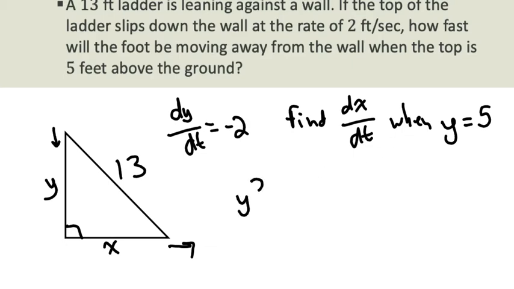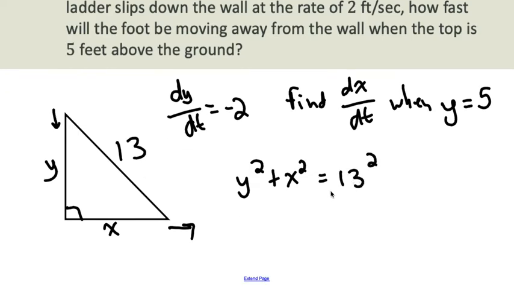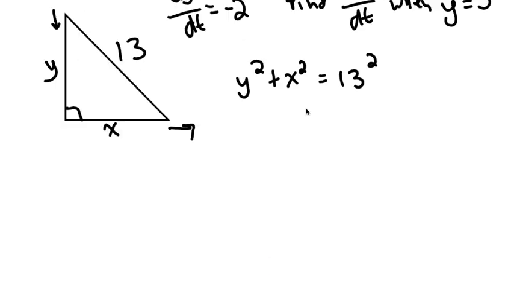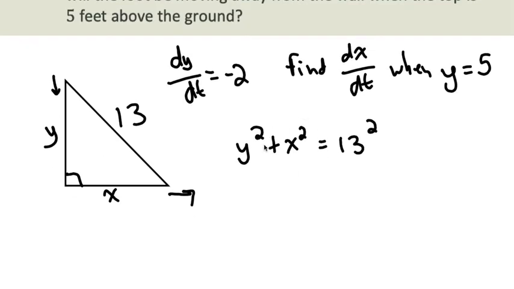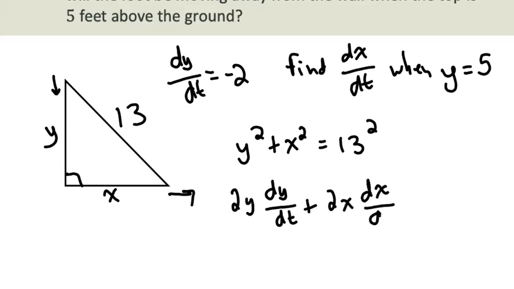Okay, so y squared plus x squared, going back to the Pythagorean theorem, equals 13 squared. Take the derivative: 2y dy/dt plus 2x dx/dt equals the derivative of 13.